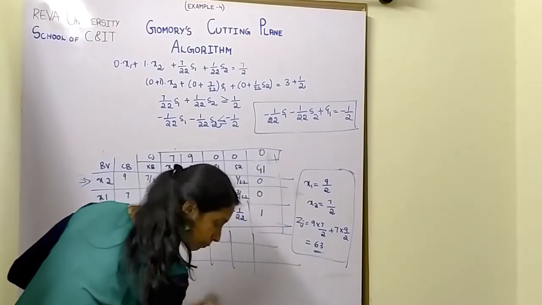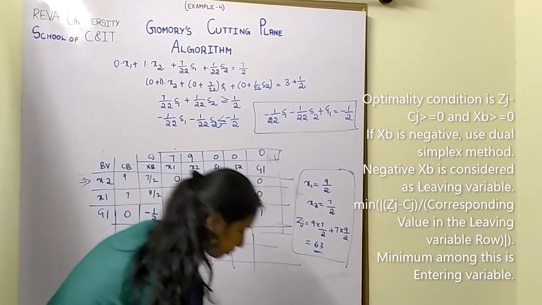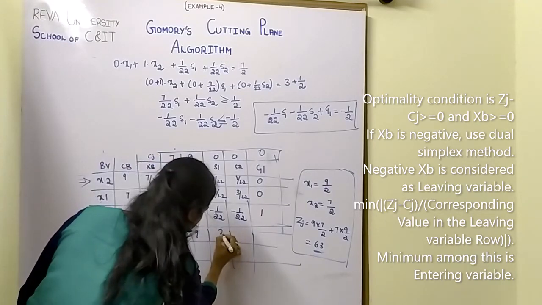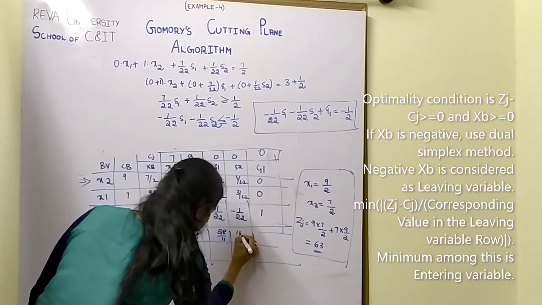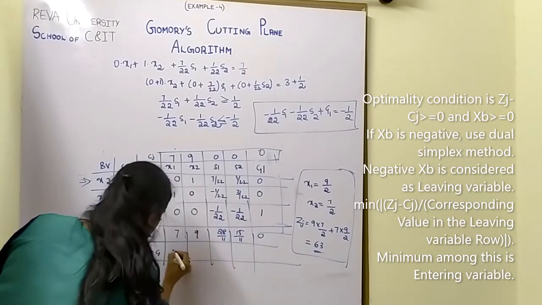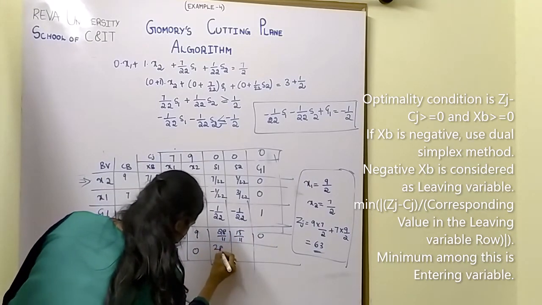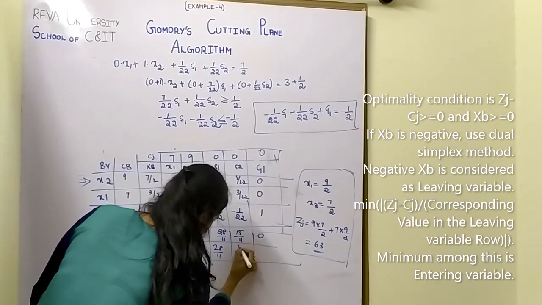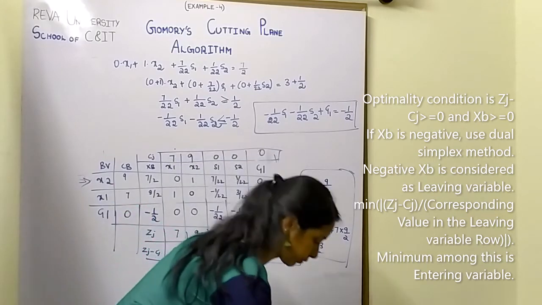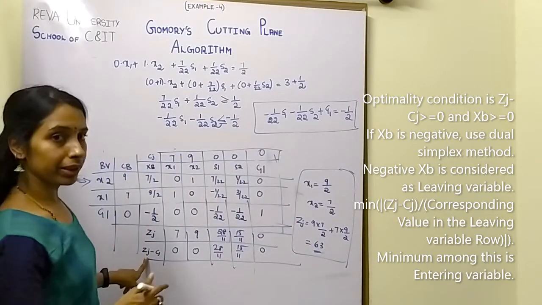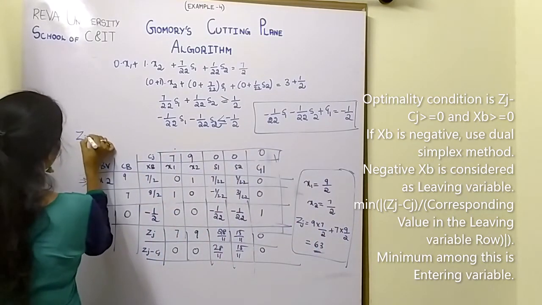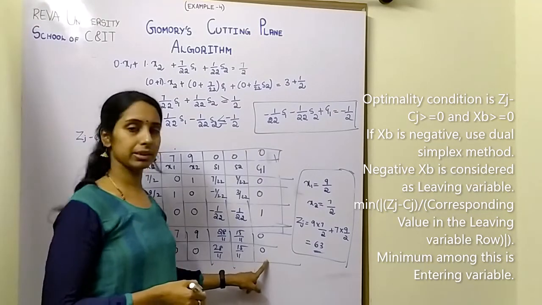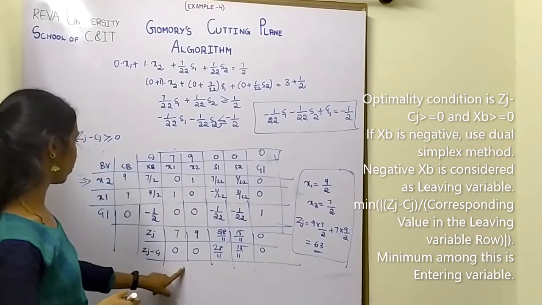You will get 7, 9, 28 by 11, 15 by 11, 0, 0, 0, 28 by 11, 15 by 11, 0. Now, the optimality condition is Zj minus Cj should be greater than or equal to 0. In our case, yes, Zj minus Cj is greater than or equal to 0.